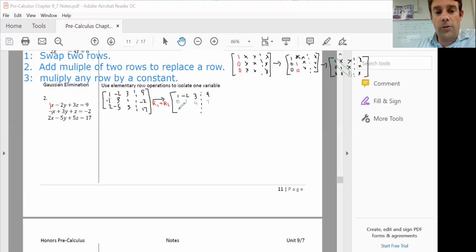So I added the first 2 rows together and I replaced the second row. Now I need to turn my third row also into a number that starts with 0.